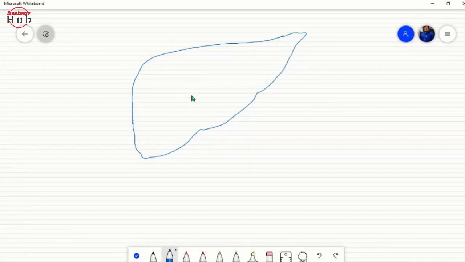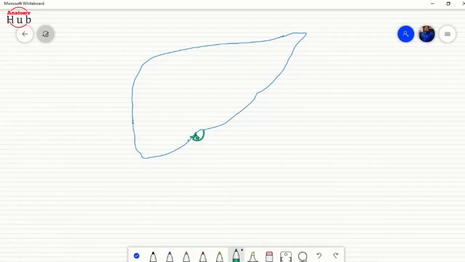So this is the liver which you can see from the anterior side. And at this point you will find the area for the gallbladder. I will show you. So here you will find the area for the gallbladder.